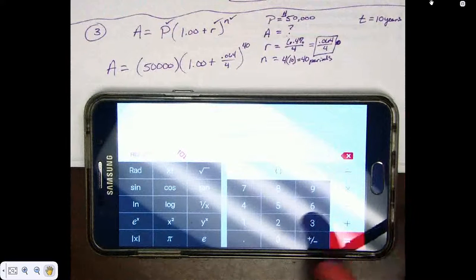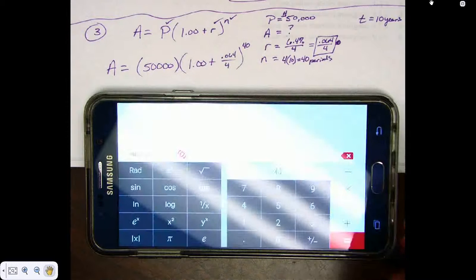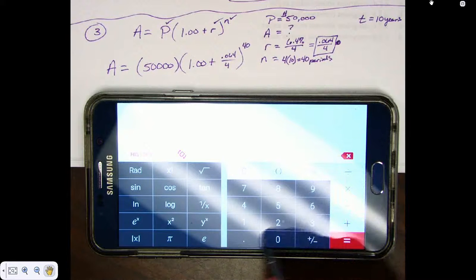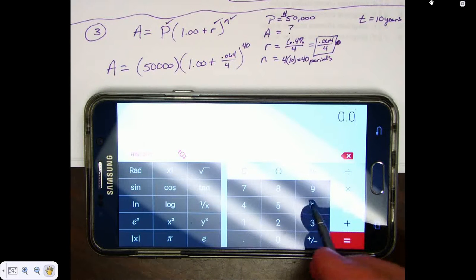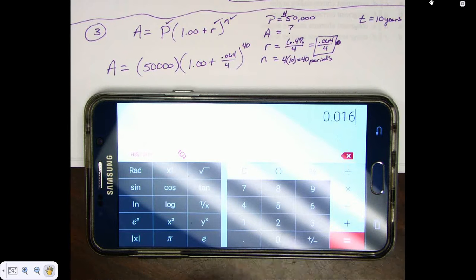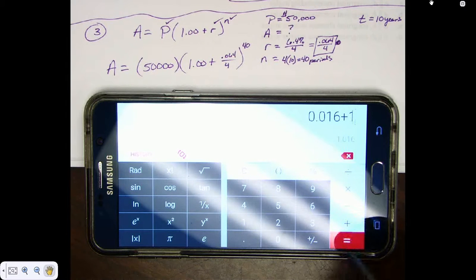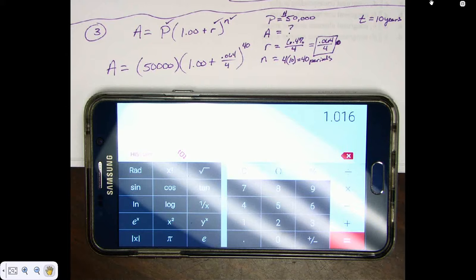What I'm going to do is I would probably figure out this part right here first. I'm going to go 0.064 divided by 4, press equals. That's 0.016, right? And then I'm going to add that to 1, and I get that.